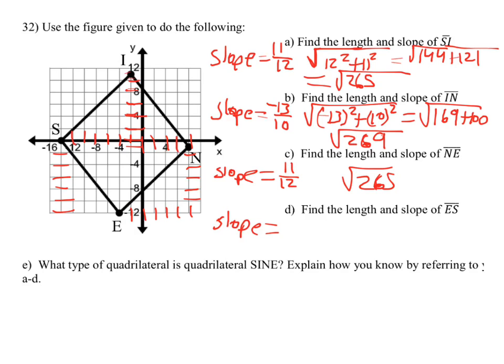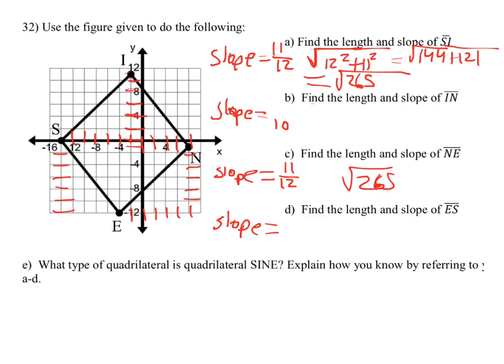Darn it. Okay, I had to go down not 6.5, I had to go down 6. So we start on a half and then go down 1, 2, 3, 4, 5, 6. So I just go down 6, so it's negative 12.